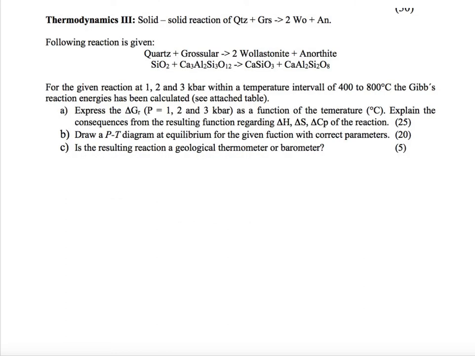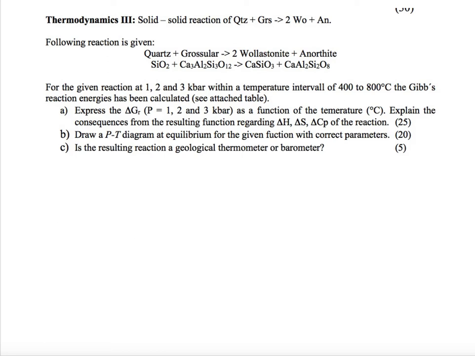Then we have a more difficult question, thermodynamics 3. We have the solid-solid reaction of quartz plus grossular going to 2 wollastonite plus anorthite. The following reaction is given: quartz plus grossular, and then we will form 2 wollastonite plus anorthite.